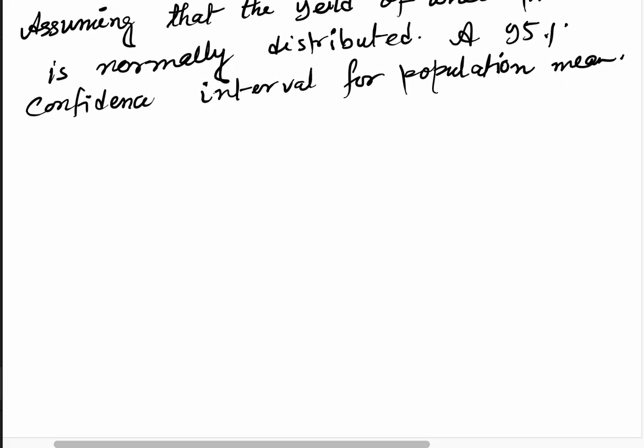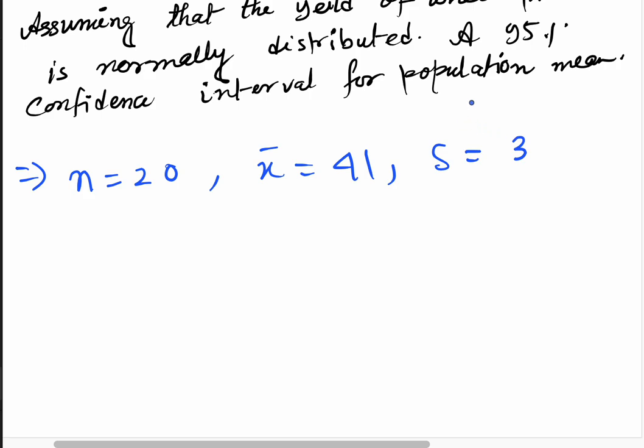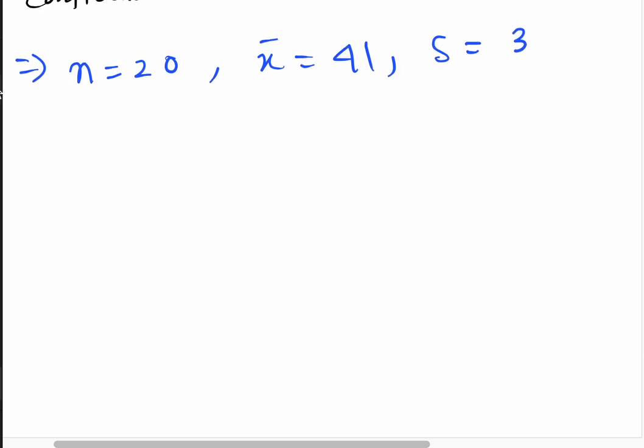So here it is given that n equal to 20, x bar is 41 and sample standard deviation s is 3. The population standard deviation is unknown, so we have to use the t distribution.